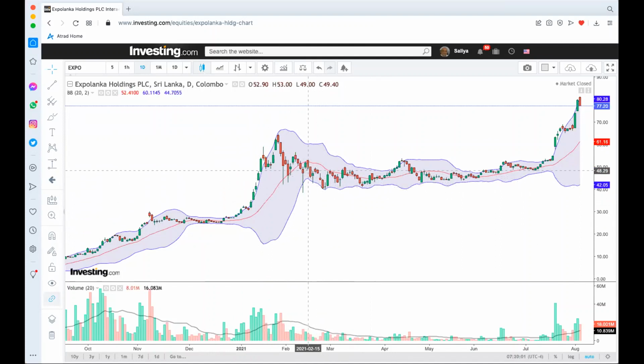Now, ideally, this bottom should have been below this line, and the price moves up into the band, and then the next bottom, which has to be lower than this bottom, like what we see here, has to be inside the band. This one outside the band, this one inside the band.